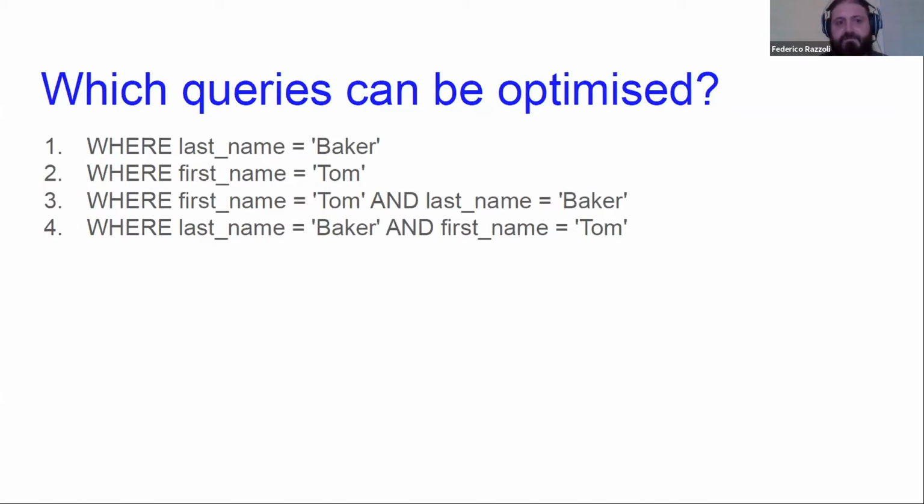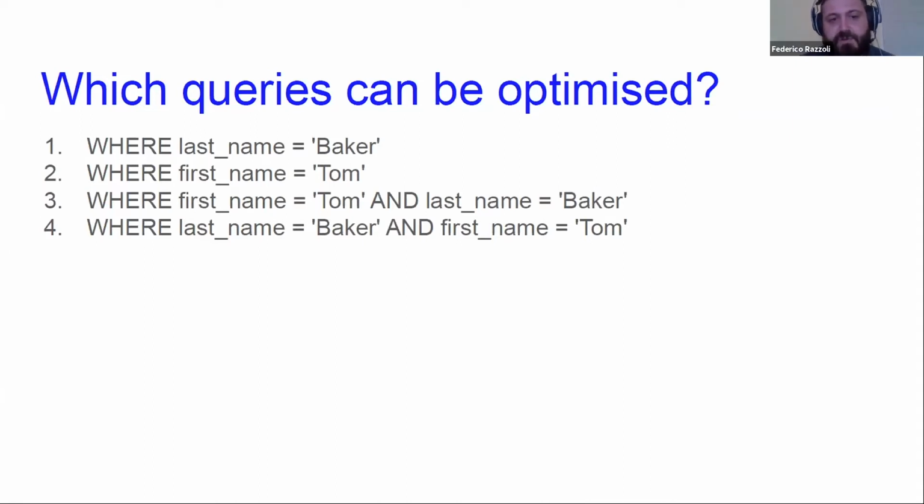Because can you use a phone book to find the Toms, all the persons called Tom? Well, in theory, yes, you can, but to do it, you should scroll the whole phone book and read every single person in it. Because it's not ordered by first name, it's ordered by last name and then first name, okay?